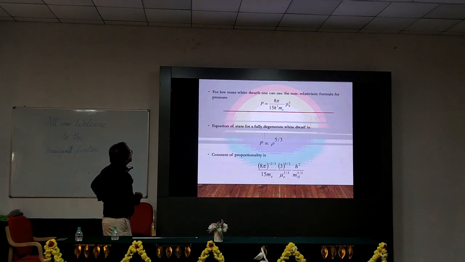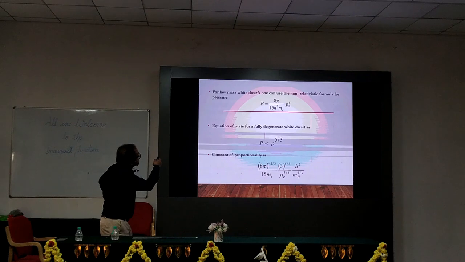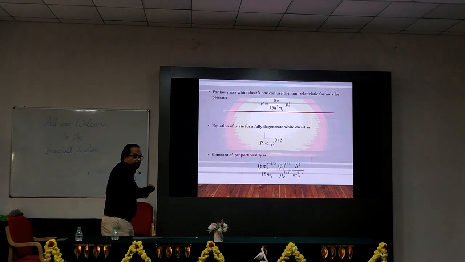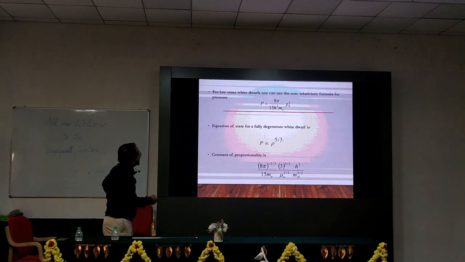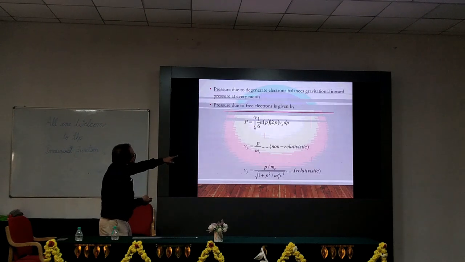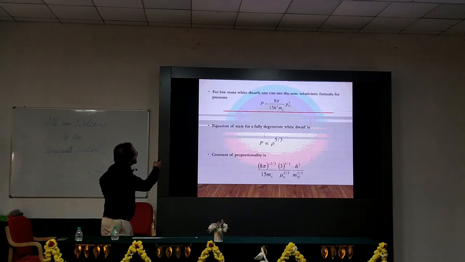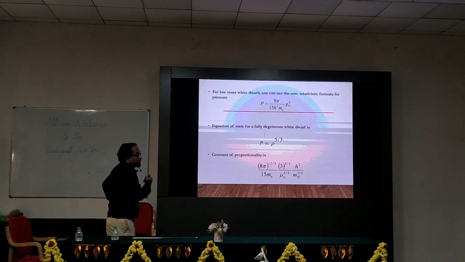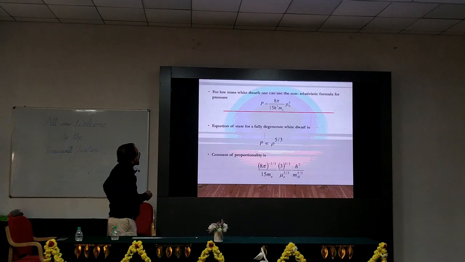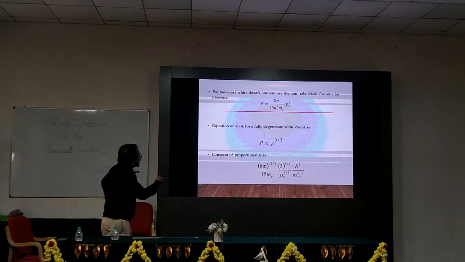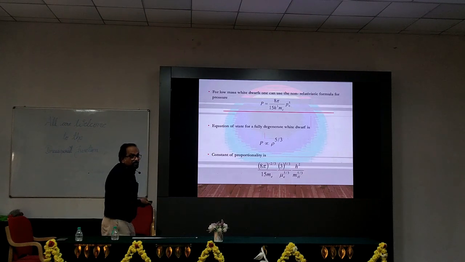If you do that for low mass stars, the pressure turns out to be proportional to P naught to the power of 5. P naught is proportional to the 1/3 power of density. Therefore the pressure of degenerate electrons is proportional to density to the power of 5/3.